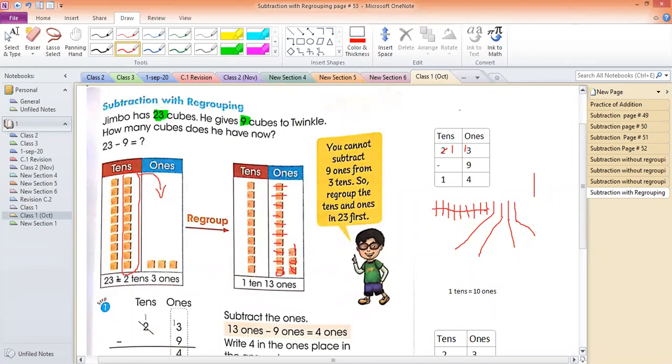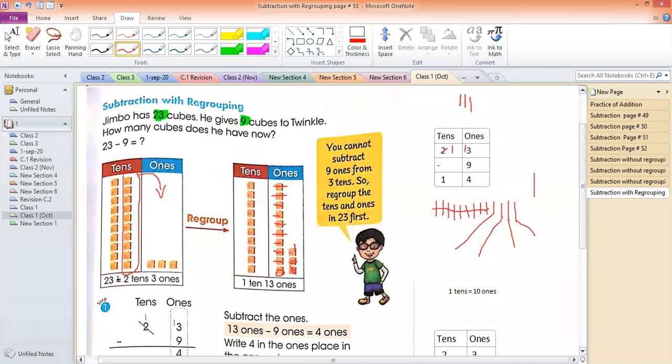I draw 3 lines and check and get to know that I cannot subtract 9 from 3, because 3 is smaller. So when I cannot subtract 9 from 3, what should I do? Then I go to the tens and ask for 1.